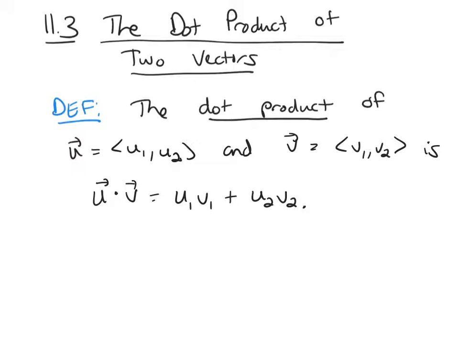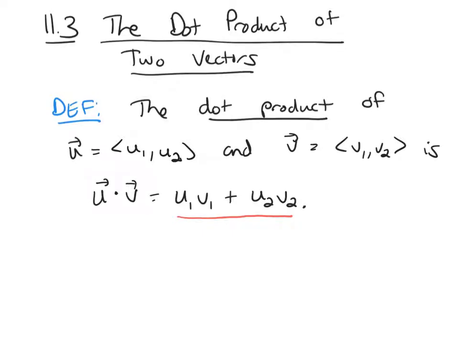Now, one important thing to note is that when you take a dot product, the dot product produces a scalar. This is the sum of two numbers, so you no longer have a vector anymore. It's just a number in the end.